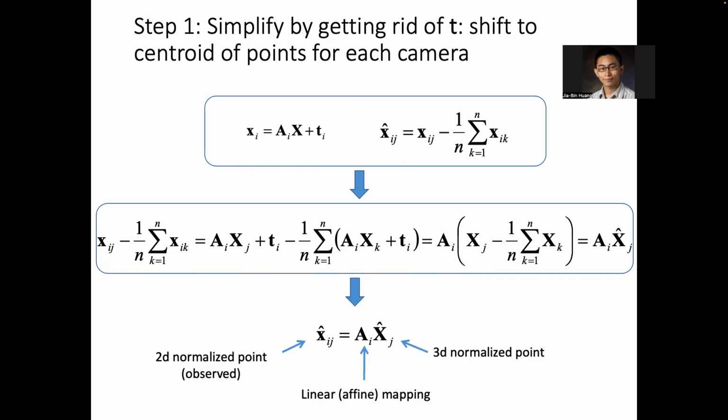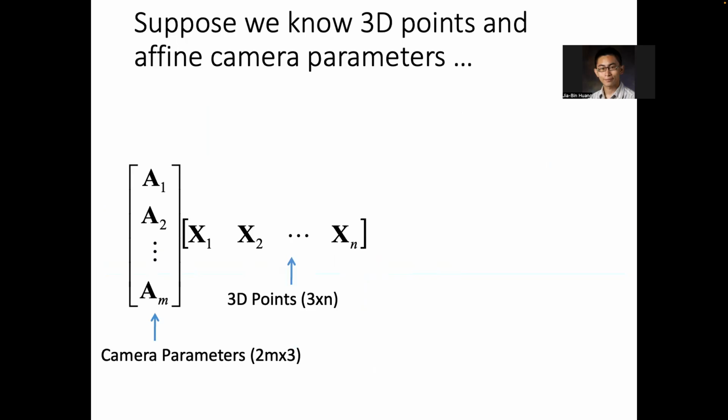Okay, so now you can think about, you have this matrix, right? Each point is being seen by m cameras. Let's say you have 50 cameras capturing the same thing. So you have a 2m by 3 matrix, right? Each camera is 2 rows, the projection matrix.